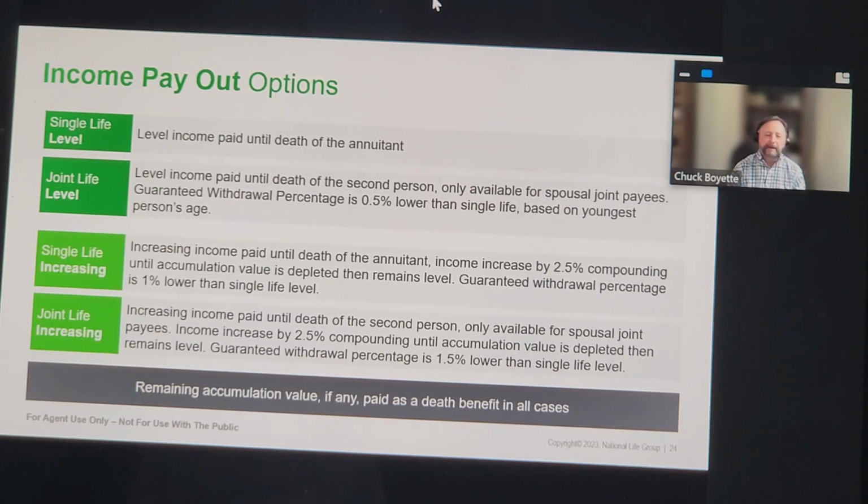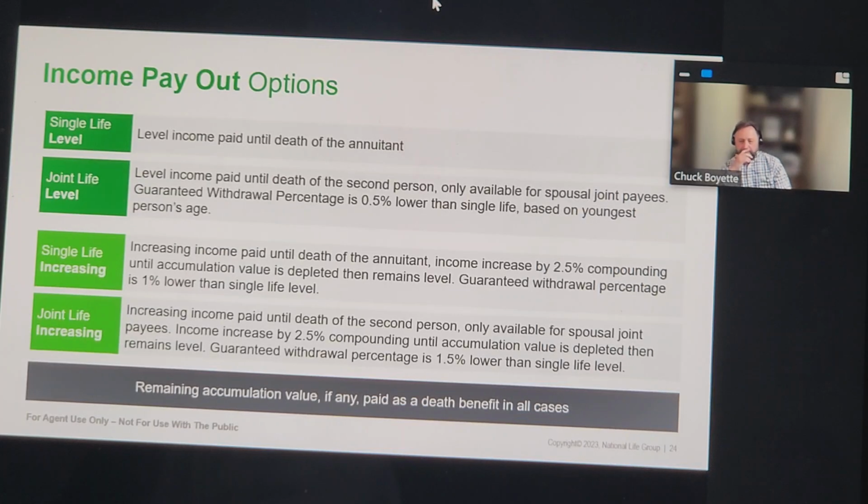So we have single life. We have joint life level, so it's going to pay a level income until the second person passes away. The guaranteed withdrawal percentage that we use in the calculation is lower than with single life, 0.5% lower, and it's based on the youngest person's age. So you have two spouses on an annuity.